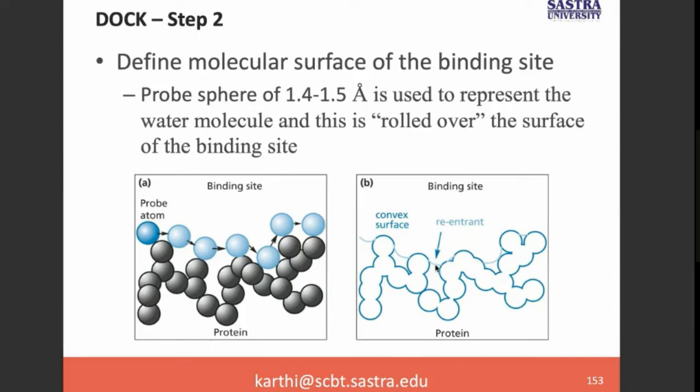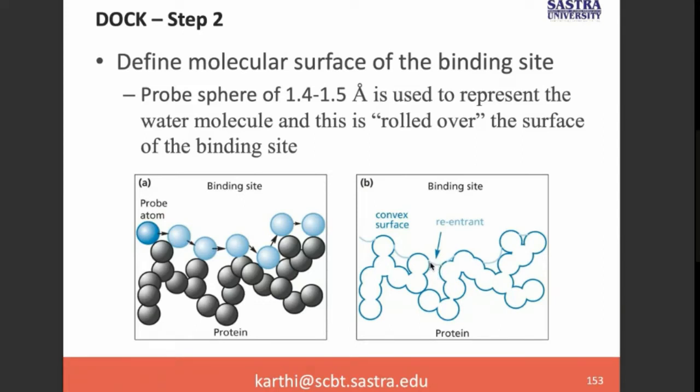This is called a re-entrant. This is a convex surface. I hope you can understand why it is called a convex surface, because the shape is convex. This region is what is called the re-entrant. What's the meaning of re-entrant? The solvent water molecule, the probe atom, can reach up to this maximum, and it cannot go beyond that point.